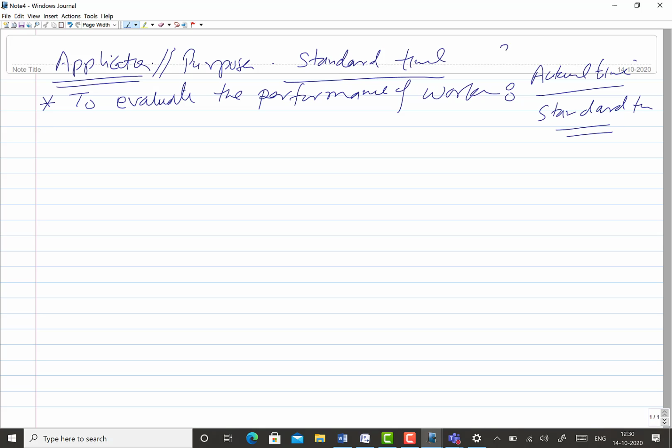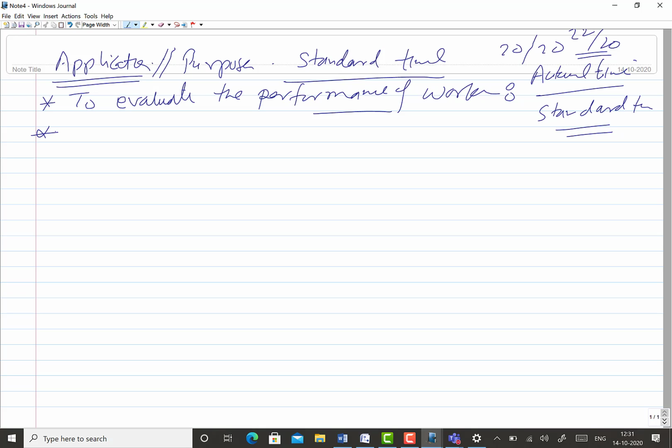So he may take, say, 22 minutes out of 20 minutes, and accordingly he will be rated fast or slow. There are different ways and techniques of rating the performance of a worker, but this is one where how much time he takes to complete the job is compared with the standard performance.